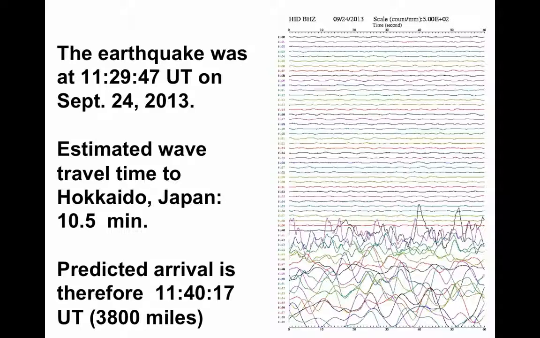And you notice that the seismograph is relatively steady until we get to about 11:40 and 17 seconds. And then you notice that it starts going all over the place. So therefore, the P waves arrived in Hokkaido, Japan, exactly at the time they were predicted.